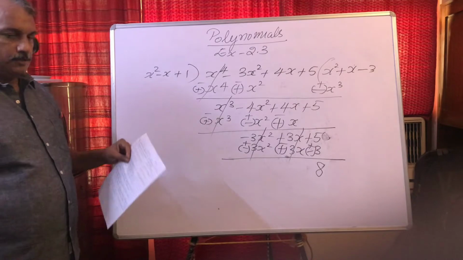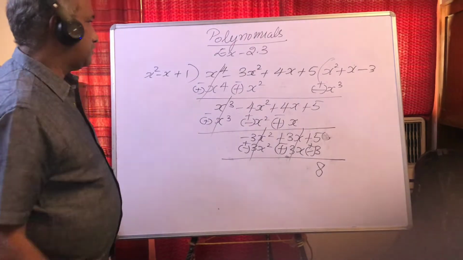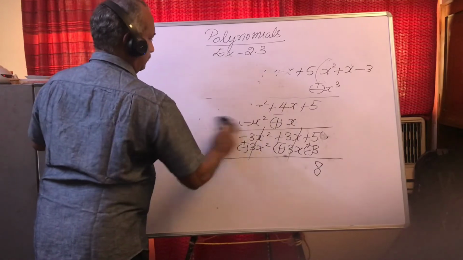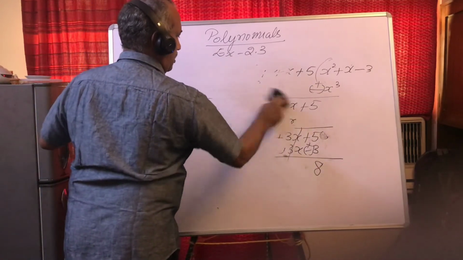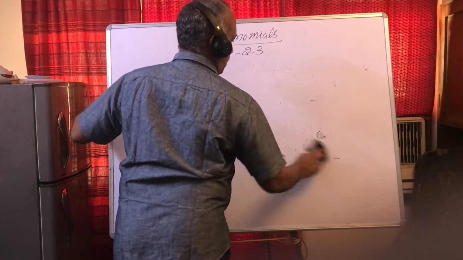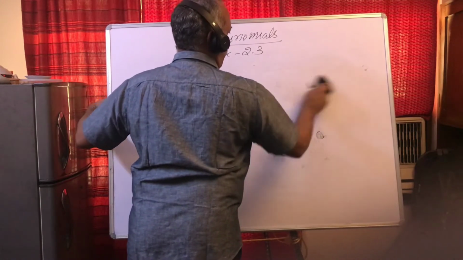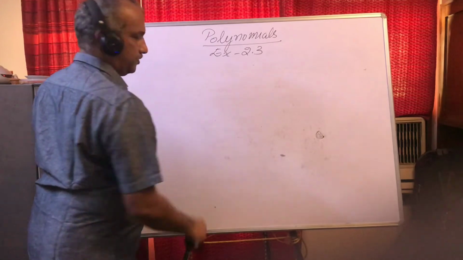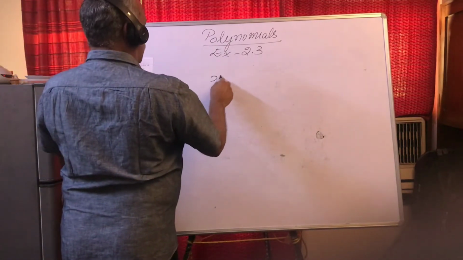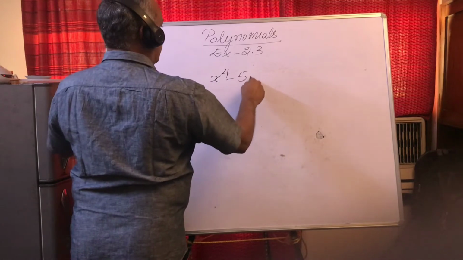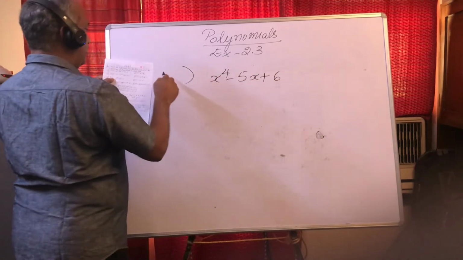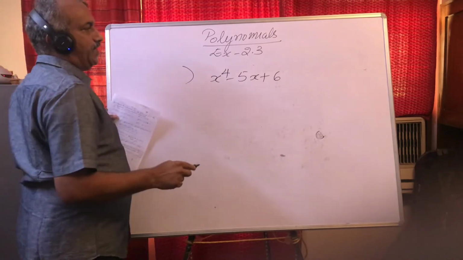Now the third part. Third part also same. x raised to 4 minus 5x plus 6 divided by, actually it is written 2 minus x square.